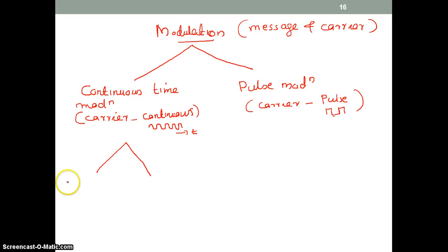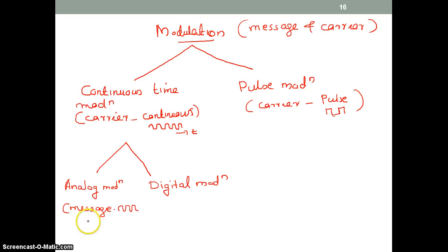analog modulation, or continuous time analog modulation, and digital modulation. In simple words, analog modulation and digital modulation. So here the carrier is continuous and your message is also continuous.